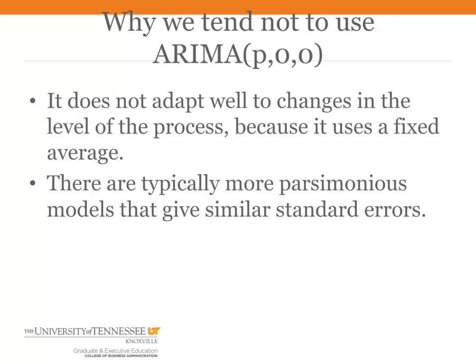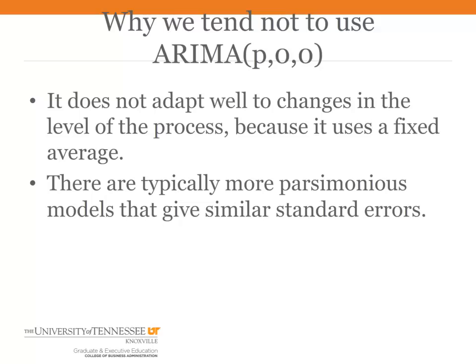We tend in business not to use the autoregressive model. It has the same problem that using the average as a forecast has. We're predicting based on a fixed average from the process, and we're predicting how far the observations will fall from that average, and it doesn't adapt very well as the level of the process changes over time.